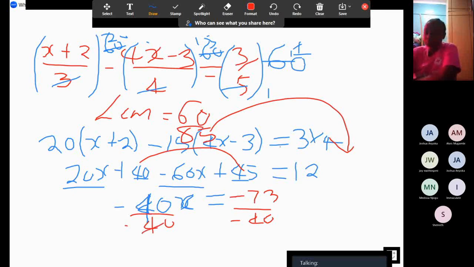Then now a value of x will be equals to negative, and a negative will cancel to a positive. So it will be equals to 1 and 33 over 40.